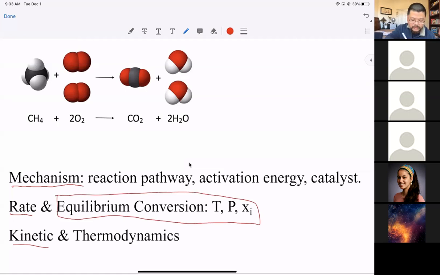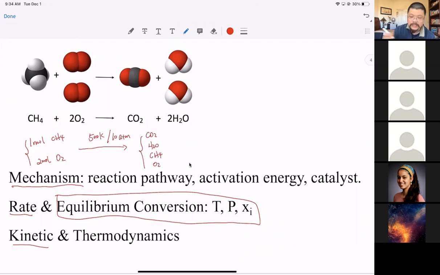If I start with 1 mole of methane and 2 moles of oxygen, then after this chapter 14, I can tell at 500 Kelvin and 10 atm what would be the molar fraction of CO2, of water, of remaining methane and oxygen after the reaction.